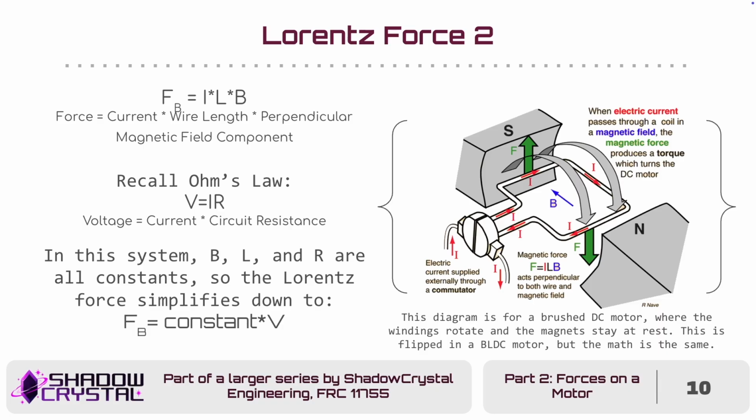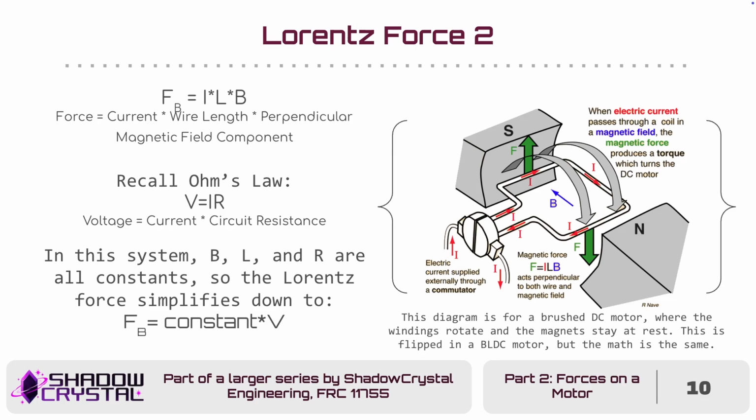Lorentz force is equal to current times length times magnetic field component. Your Ohm's law is given as V equals IR. So, you can rewrite this expression to say current is equal to voltage over resistance.